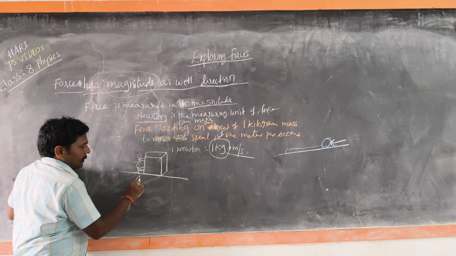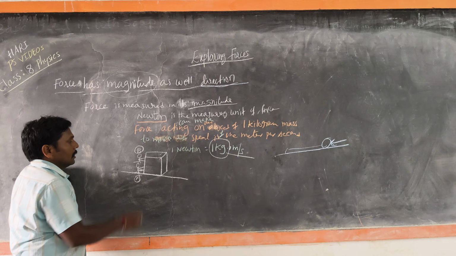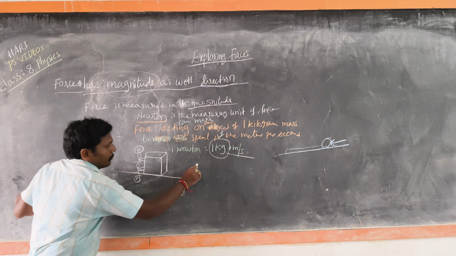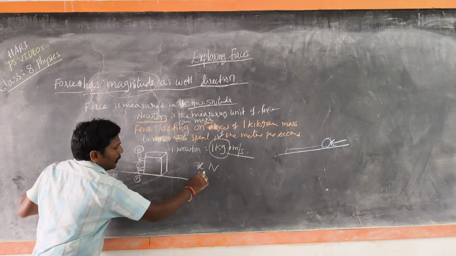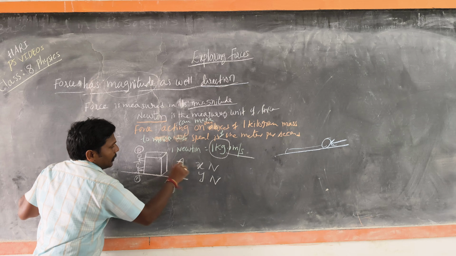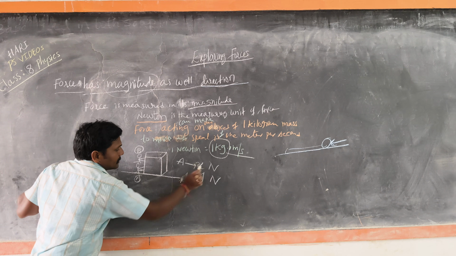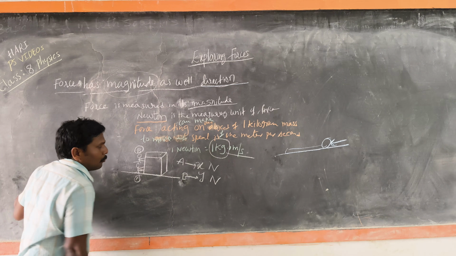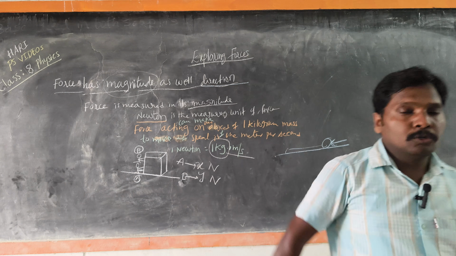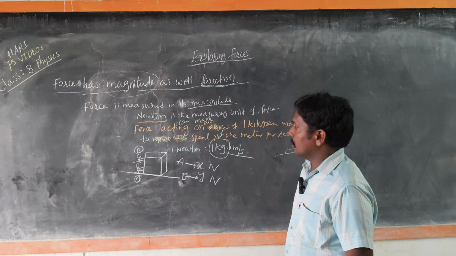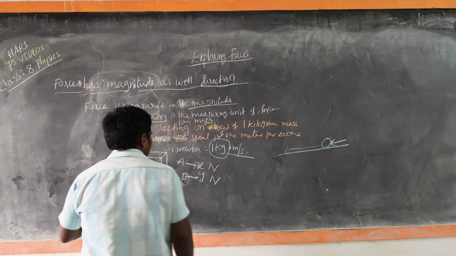Person A applied some X newtons of force and person B applied Y newtons of force to push the heavy box. Then how much force is acting together here?